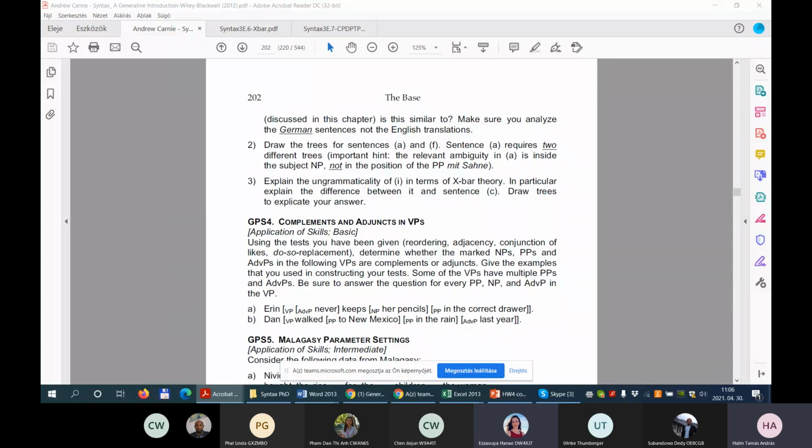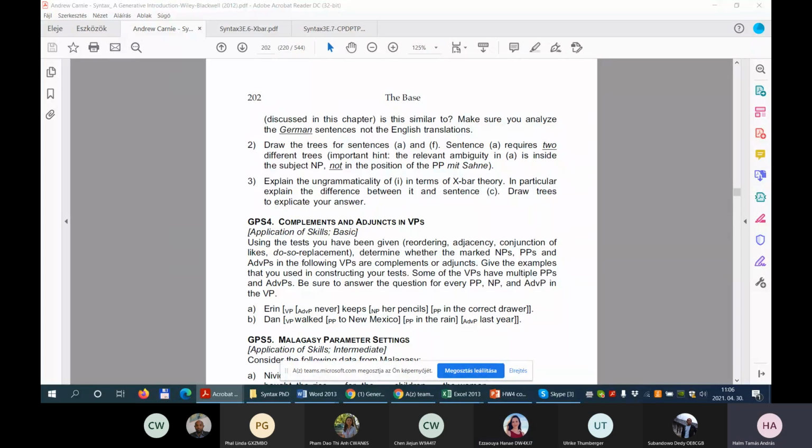So when it turns out that that is the complement, the other ones are therefore adjuncts. And we can also use the conjunction for the second adjunct, and we can say keeps her pencils and in the correct drawer, and that's not a good sentence, right?